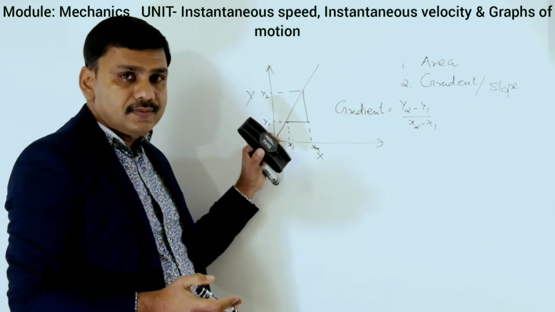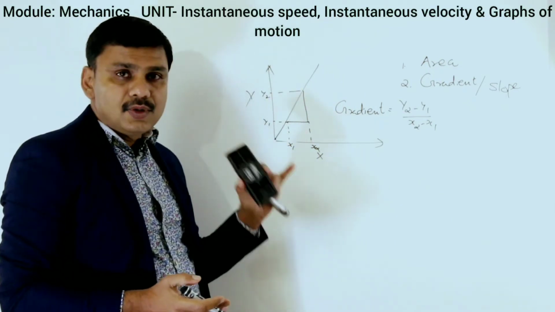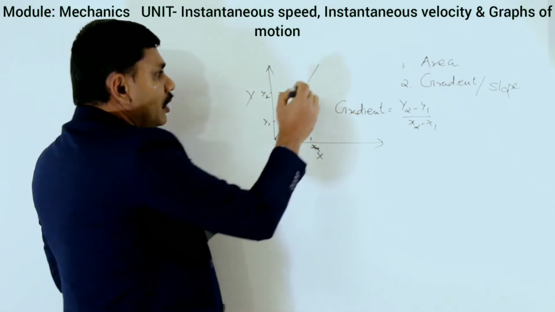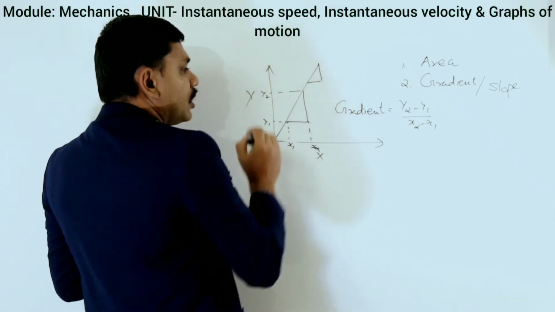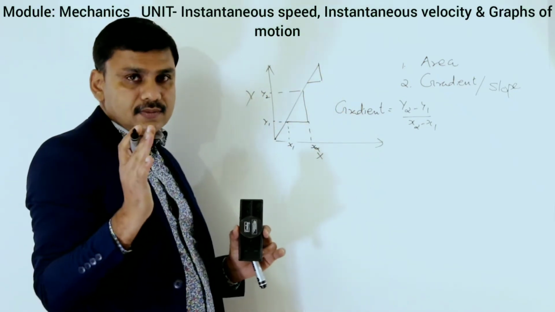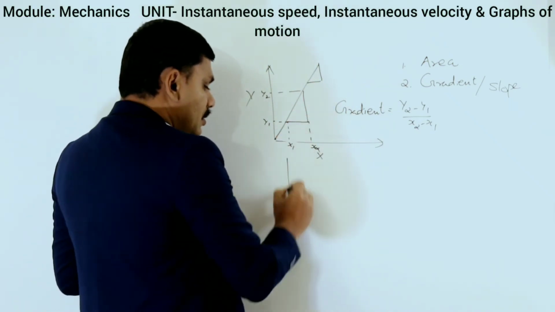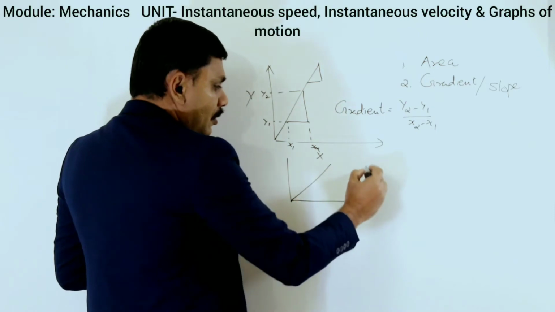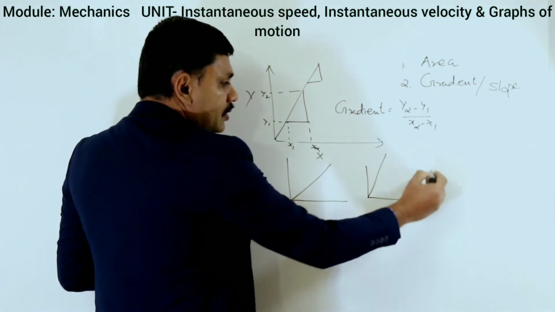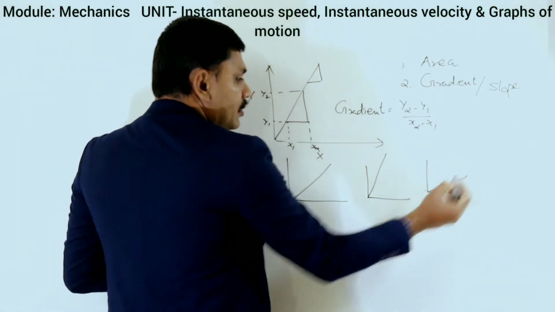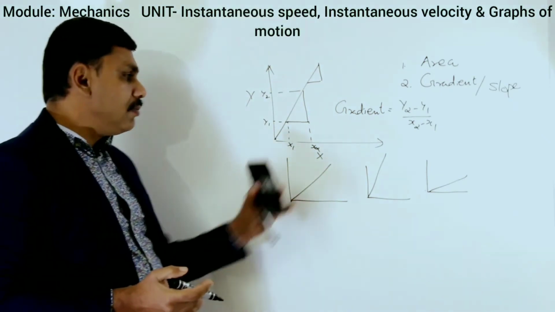So this is the way to get the gradient of the graph if the graph looks like this. You can make the triangle anywhere. If the graph is like this, or if the graph is like this, you can calculate the gradient by making a triangle.